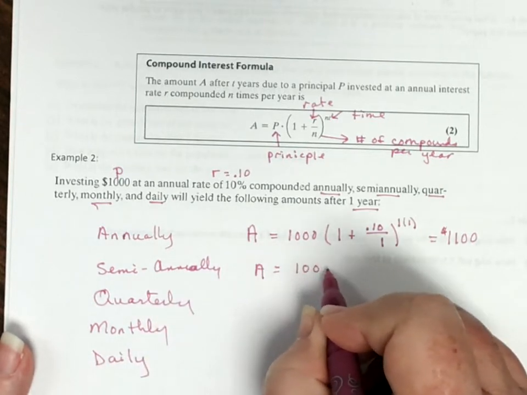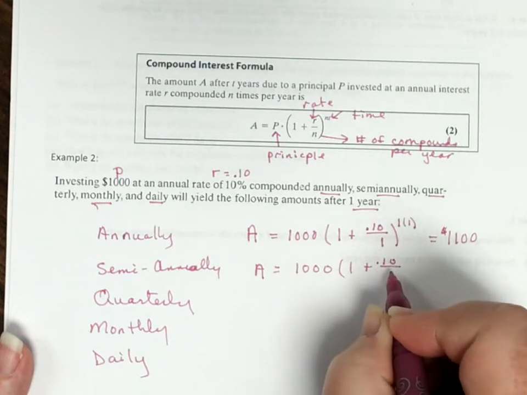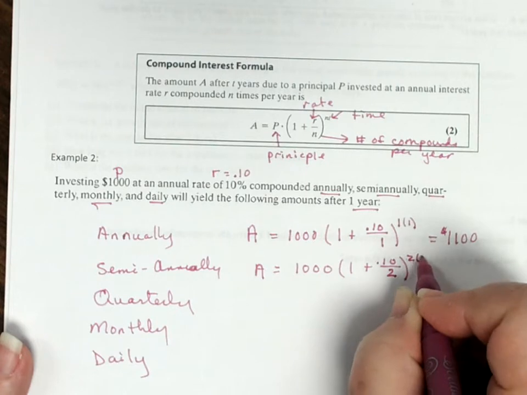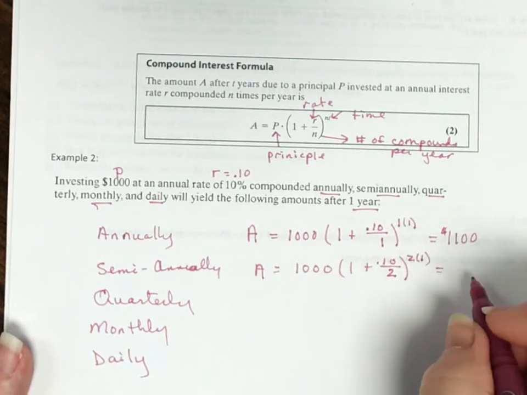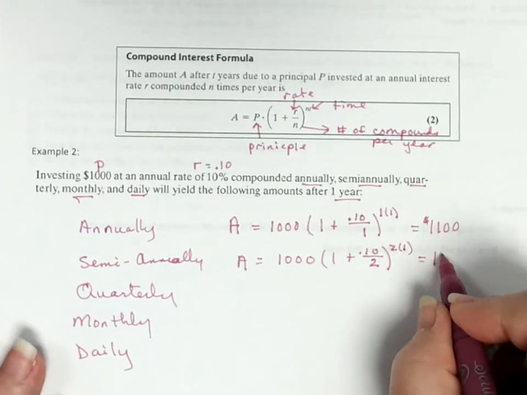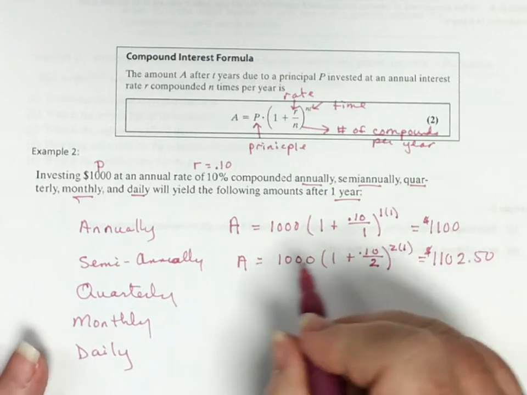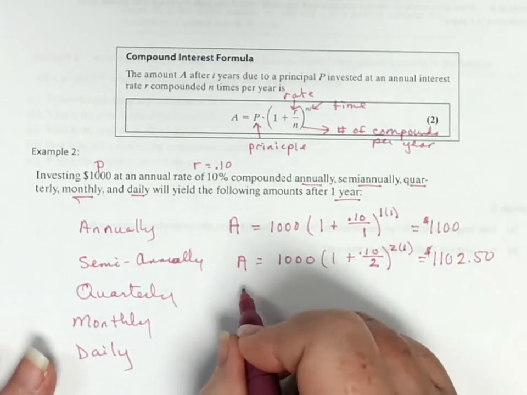Now, how does the formula change for semi-annually? Well, the principal was still $1,000. The rate was still 10%, but we're going to compound twice now. And so we change our N value to a 2. When you type that in your calculator, you're going to get $1,102.50. So by compounding it just twice a year, we made an extra $2.50.